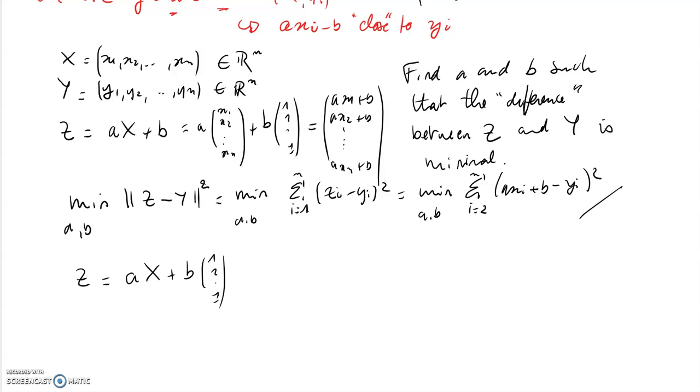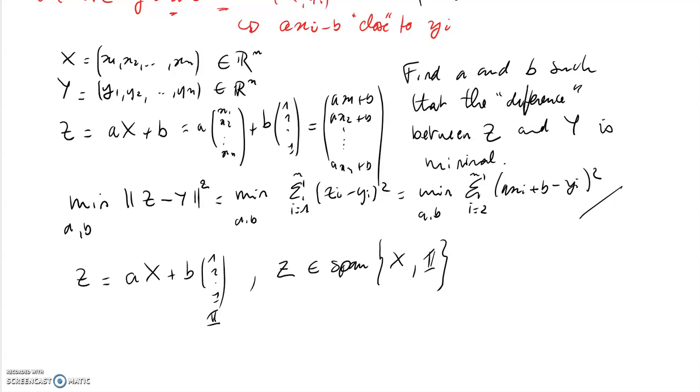So in terms of linear space, we could say that Z belongs to the span of x and that vector 1. This is my notation for this vector. So Z belongs to the span of these two vectors.